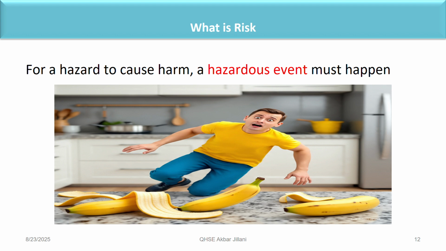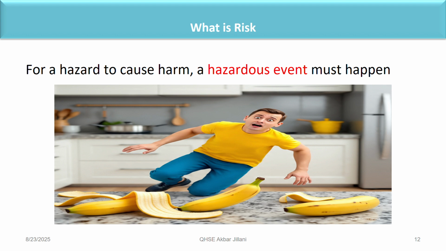When we put our foot on it, it is called a hazardous event. Means when we interact, it will be a hazardous event. And when we fall and get injury, the injury will be the consequence, and this is called risk. The probability and the consequences combined are called a risk.